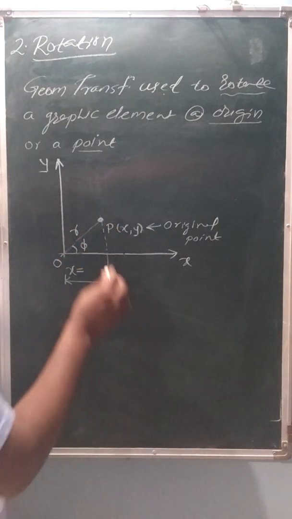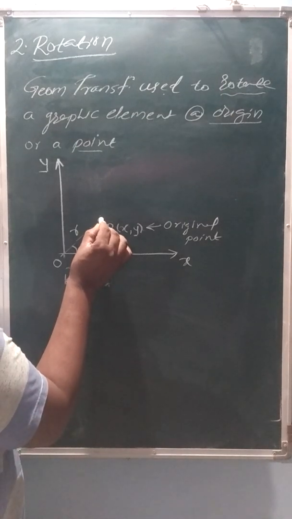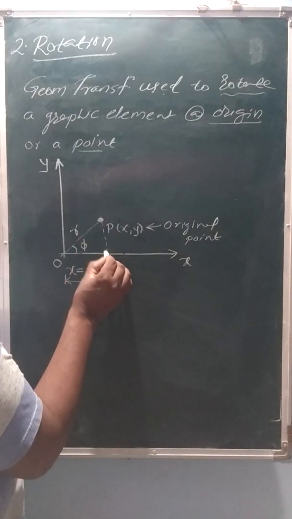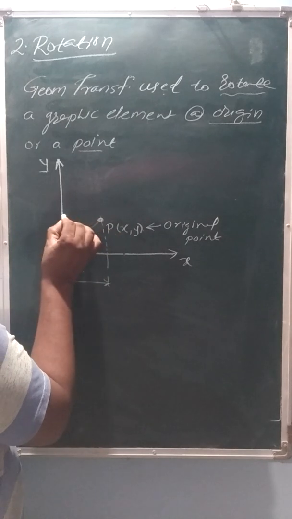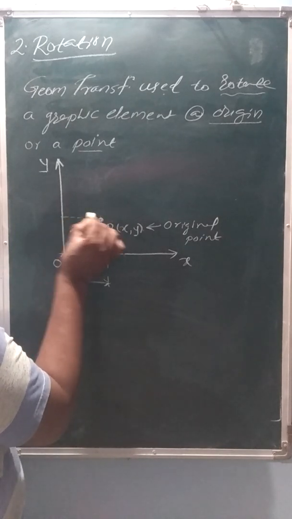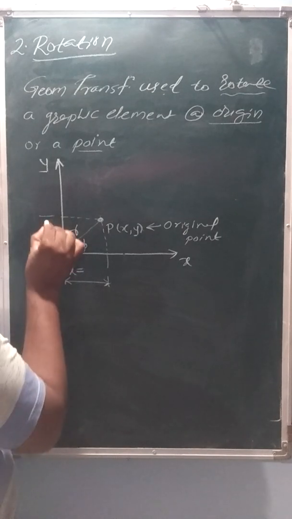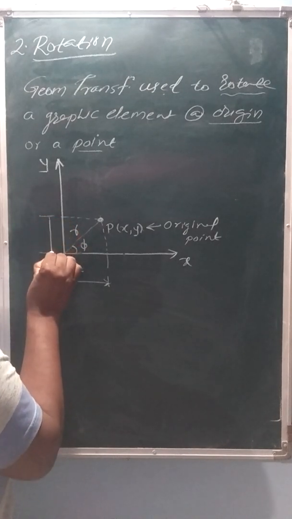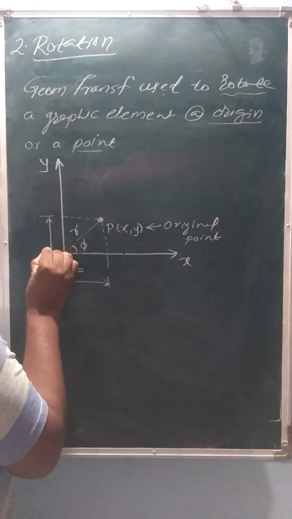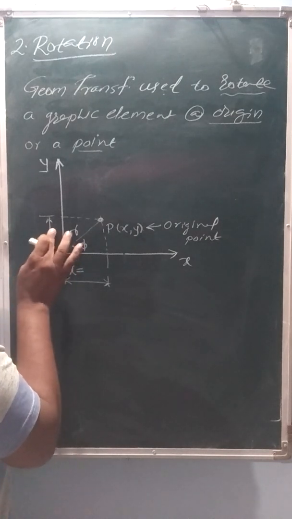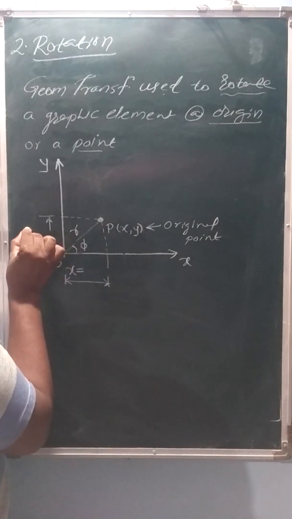Projection is nothing but the shadow of this point on the x-axis, as well as the projection along the y-axis. So this distance will be the y distance.